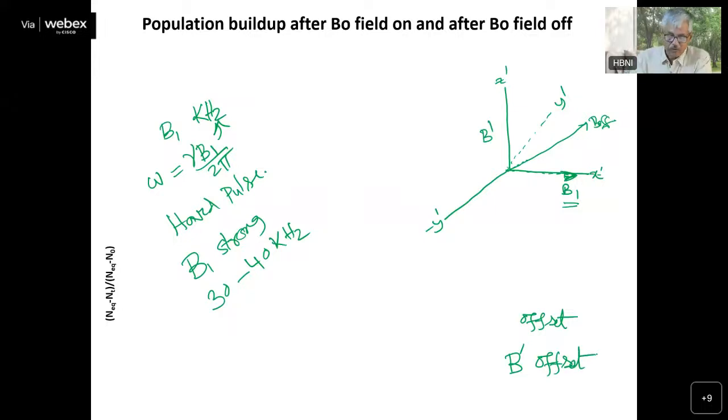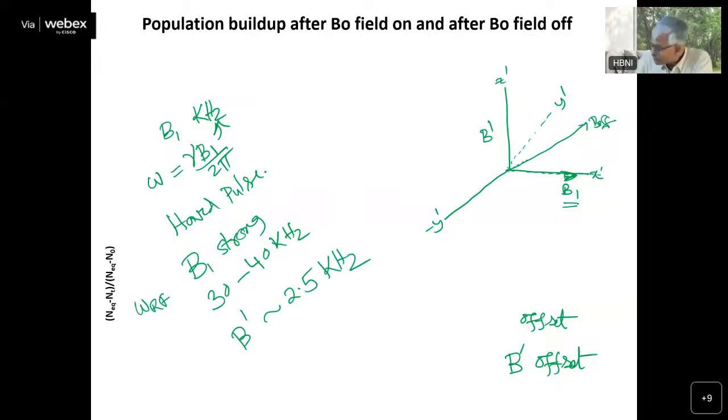In a proton NMR, if you consider around 10 ppm, even in a 500 megahertz machine it is 5000 hertz. If you put your central frequency omega RF at the middle of the spectrum, you will see an offset of around 2.5 kilohertz. So your B prime is around 2.5 kilohertz.